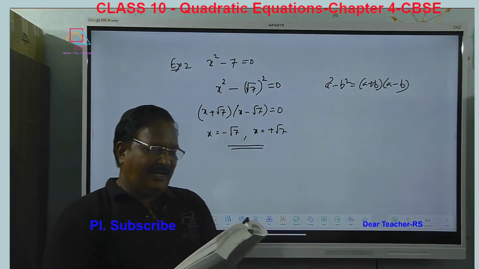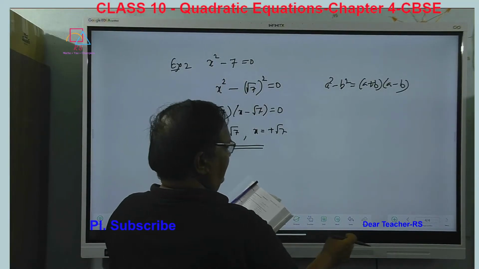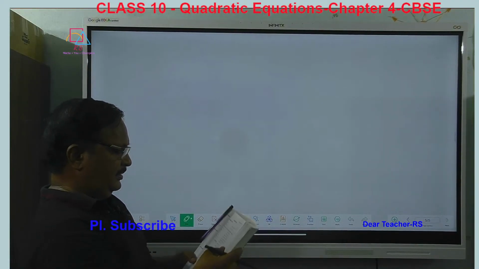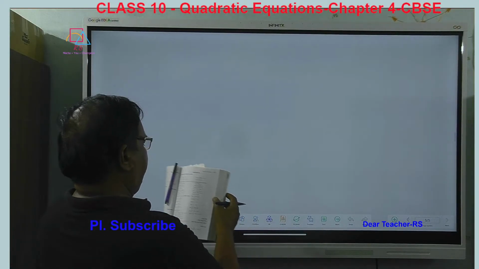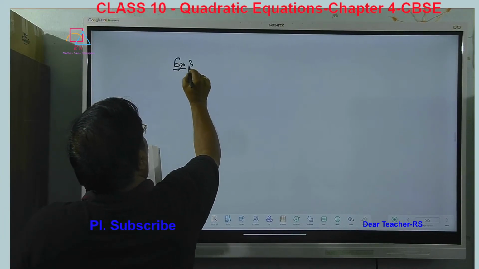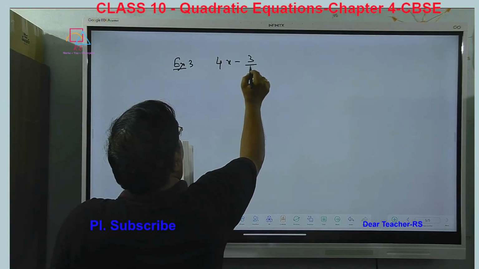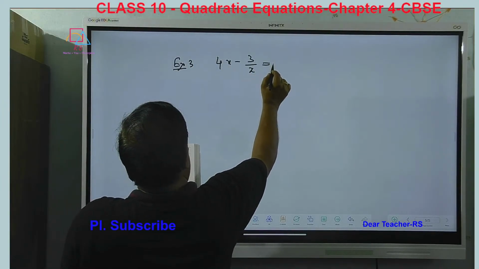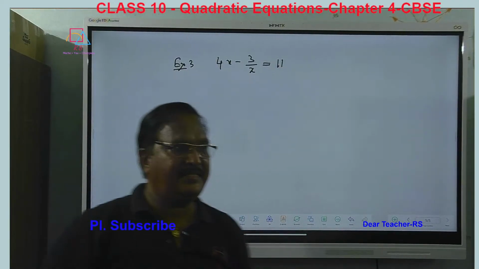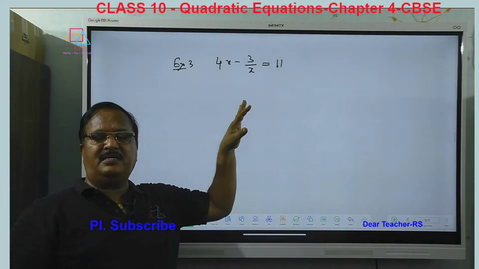So, now let me go to another variety, one more model. Okay. Now, example 3: 4x minus 3 upon x is equal to 11. Okay, this is another question. Now, it is not in the standard form.